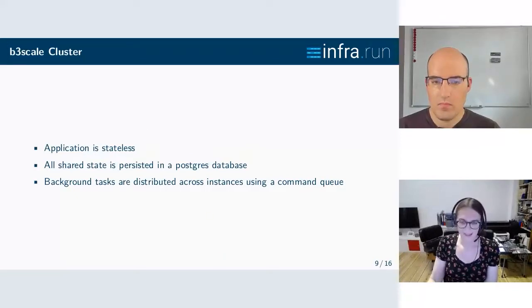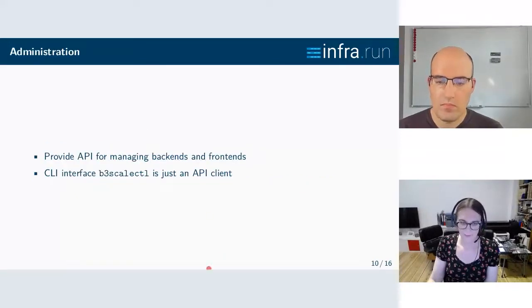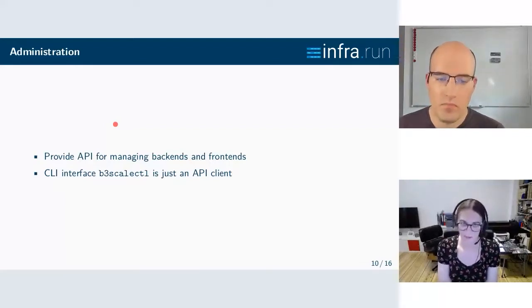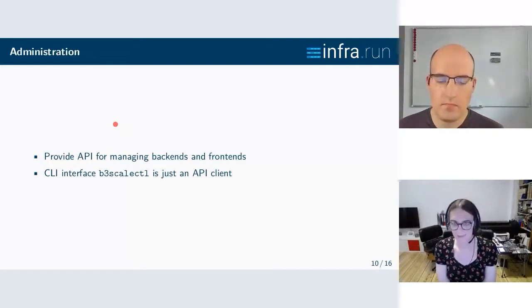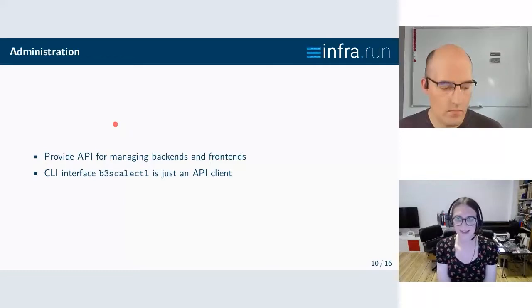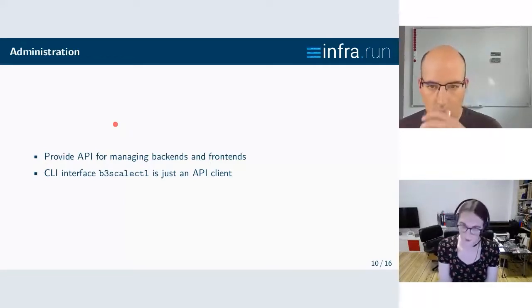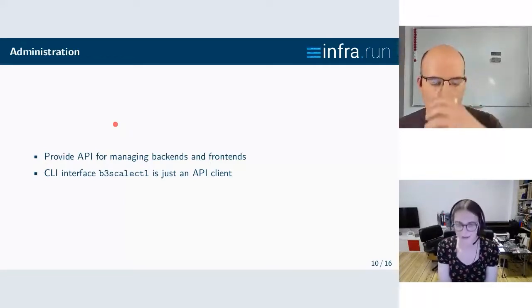All right. Thing about administration, as I already said, it's API-centric. There is a RESTful API for managing backends and front ends and updating, for example, front end and backend settings like required tags, default parameters, and so on.